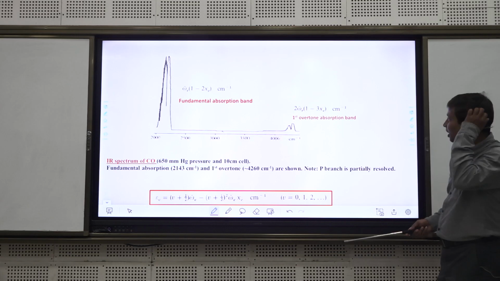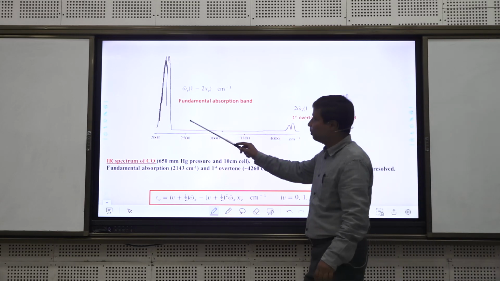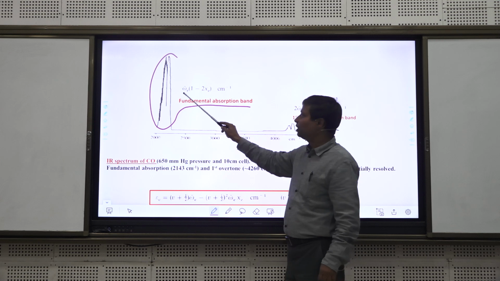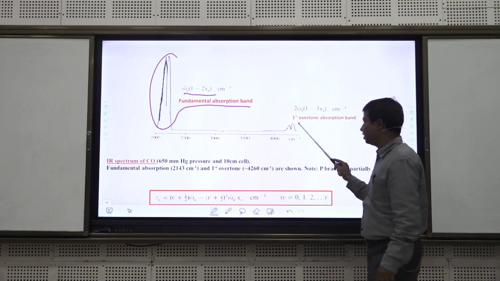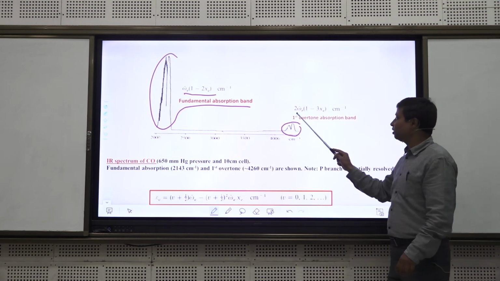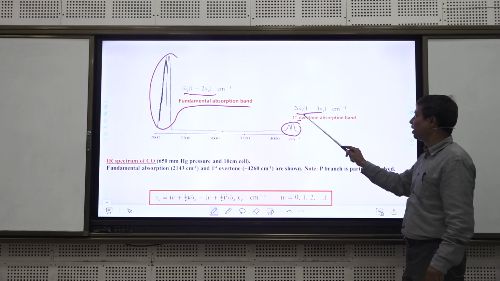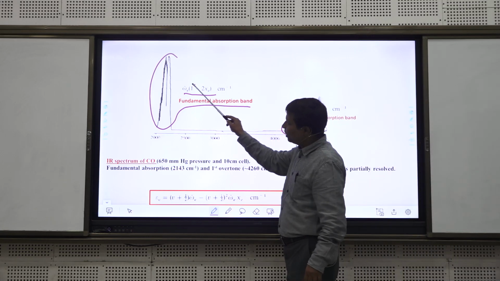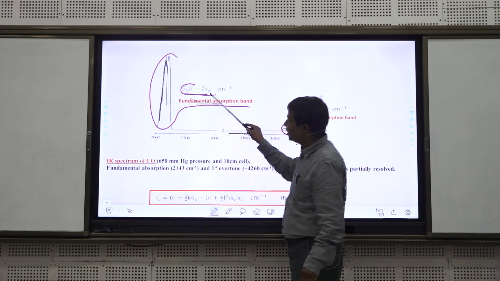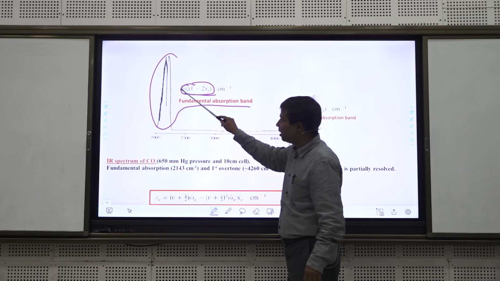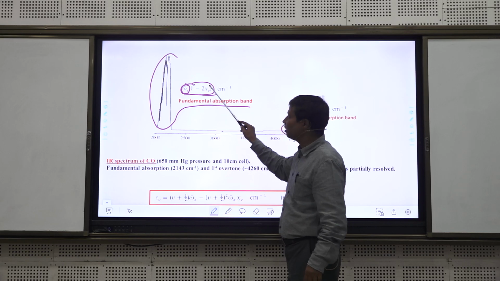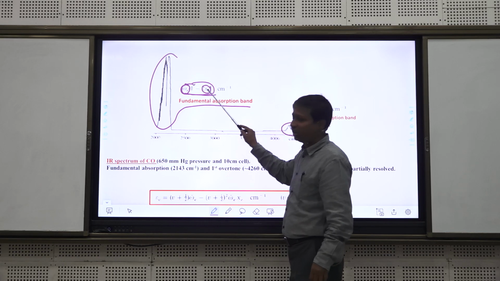So what we have learned is that this big band is the fundamental absorption band, whose expression is this one. This small band is the first overtone band, whose expression is this one. If you look carefully, this expression contains the oscillation frequency minus twice Xc.